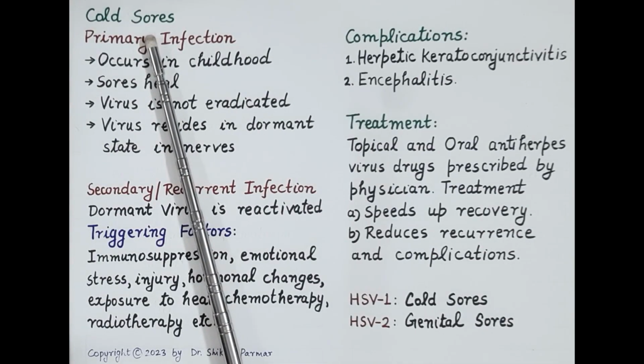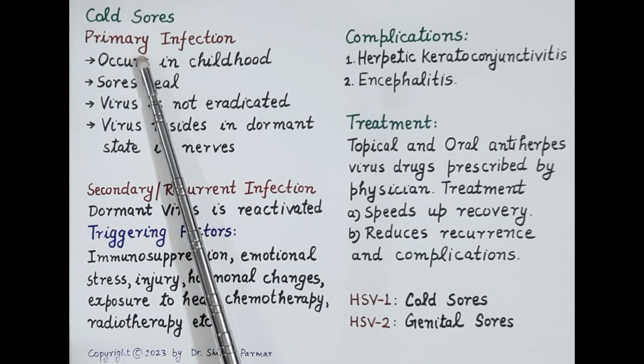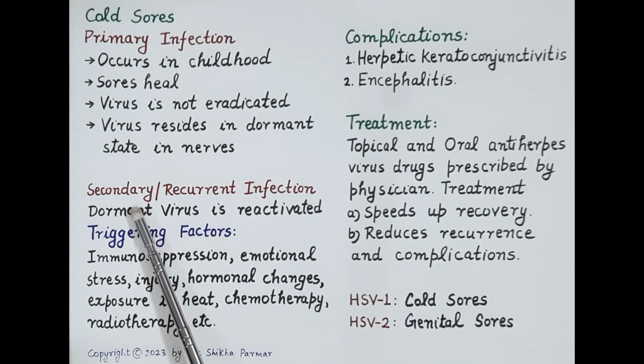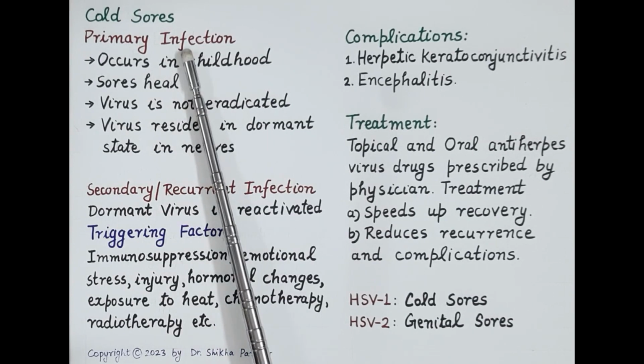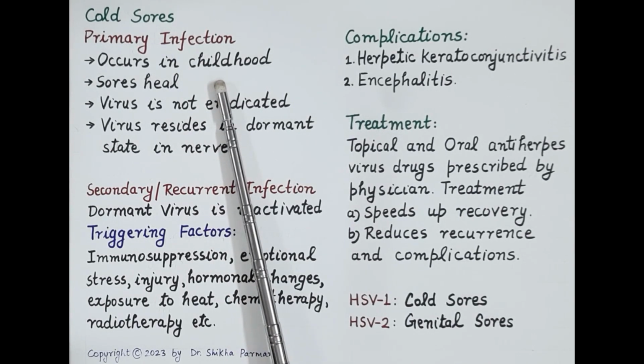Now another very important feature of this disease: cold sore blisters appear either due to primary infection or due to secondary infection of herpes simplex virus. Primary infection is when an individual gets infected with the virus for the first time. This usually occurs in childhood and the cold sores or blisters heal over a period of 10 to 20 days.